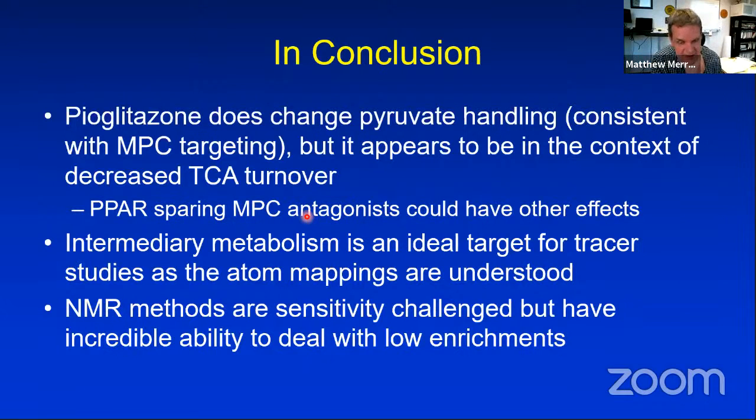That is a fascinating question because, as you know, it takes 6 ATPs to make a glucose. So that ATP availability, if it's driven by the TCA cycle turnover, plays into that mass balance as well.